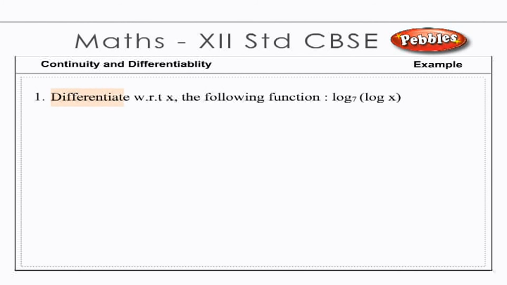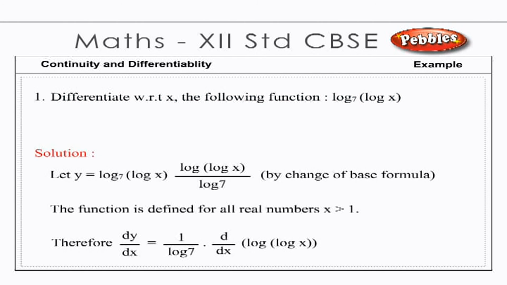Example. Differentiate with respect to x the following function: log base 7 of log x. Solution. Let y = log_7(log x) = log(log x)/log 7 by the change of base formula. The function is defined for all real numbers x greater than 1.